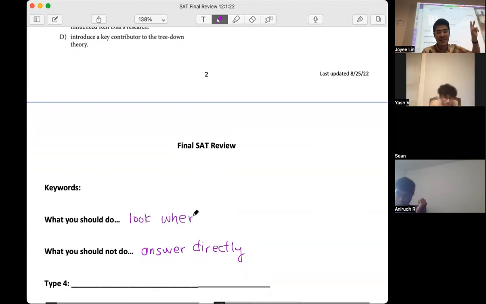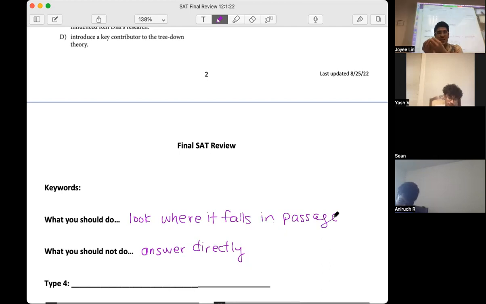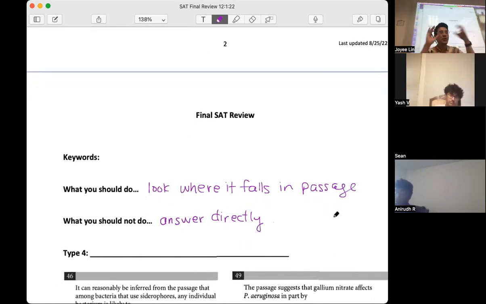If it's the second sentence of a paragraph, what is it probably doing? Evidence that does what? What does evidence do? Support the claim, right? So if it's a second sentence and it's a specific detail, right? It's there to support the claim. If it's a third or fourth sentence towards the latter half of a paragraph, what is it there to do? Not yet.